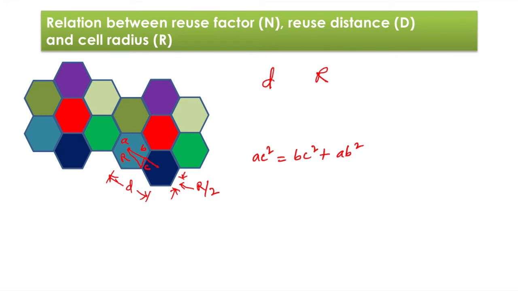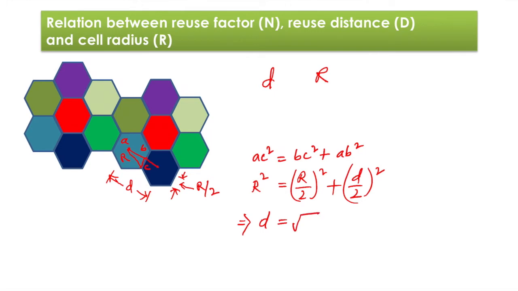We can replace AC with r, BC as r by 2, and AB as d by 2. So this implies a relationship between r and small d as d equal to root 3 r.